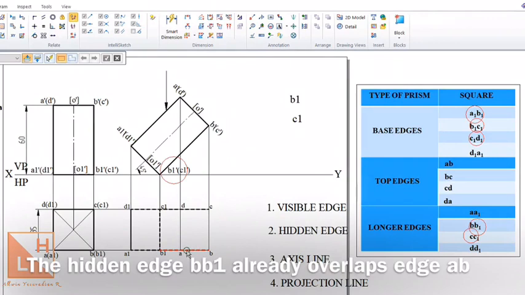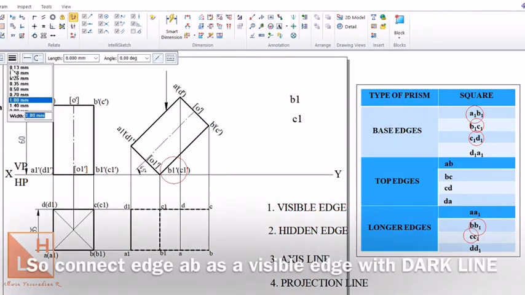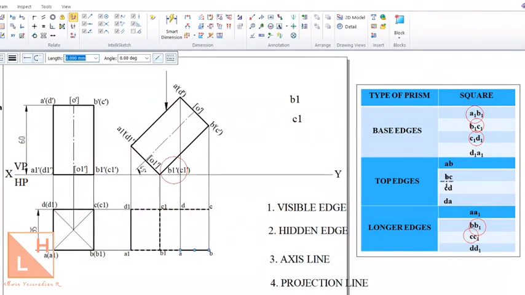But as you see here, we have the hidden edge from point A to B. Always refer point to point. So if you are drawing the edge AB, look at point A to point B. It is already having a hidden edge, but the preference has to be given to the visible edge. So you can overlap the hidden edge with the visible edge. So visible edge will be drawn simply with a continuous dark line. So we'll connect A to B with a continuous dark line, right?